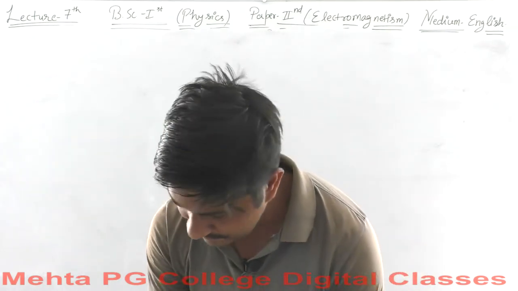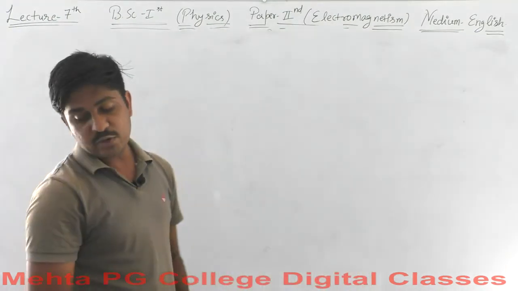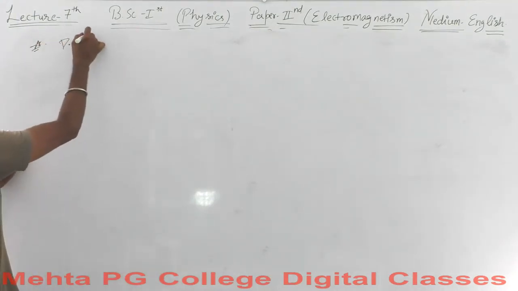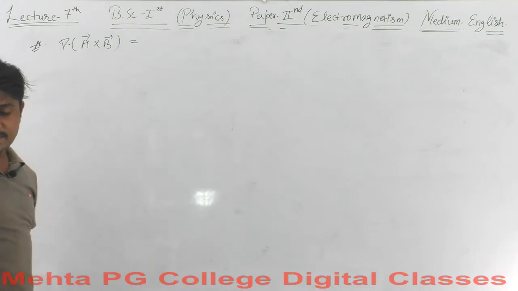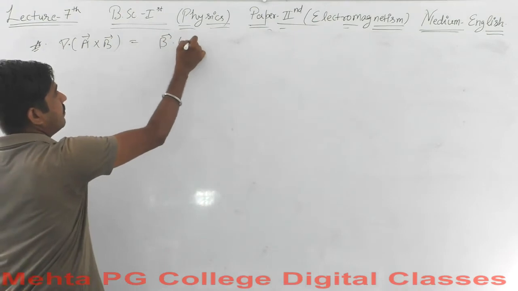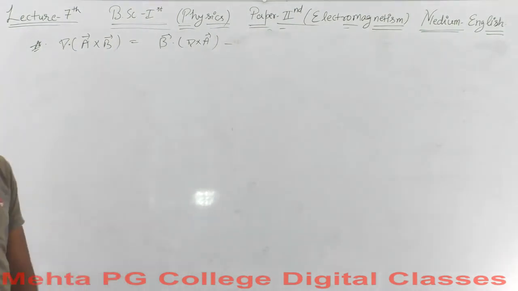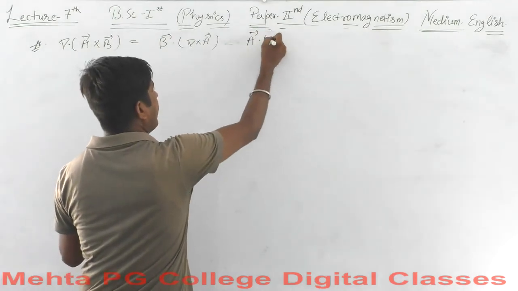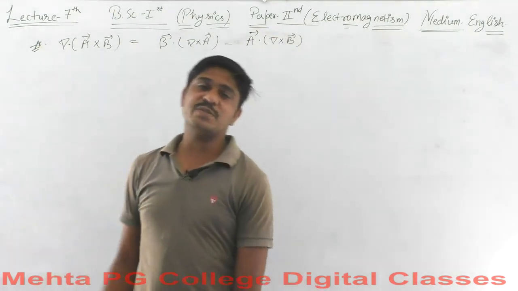So let me start with the remaining identity, del dot A cross B, and this will equal B dot del cross A minus A dot del cross B. This is the same as the previous quantity we have discussed.